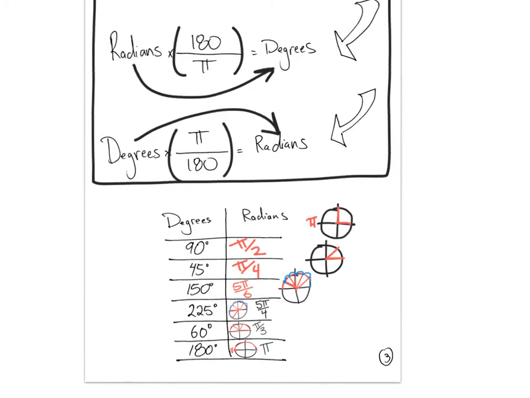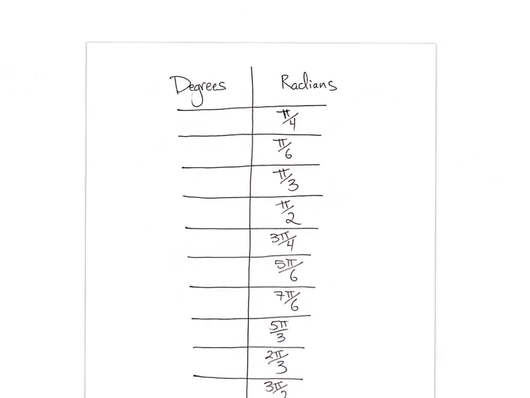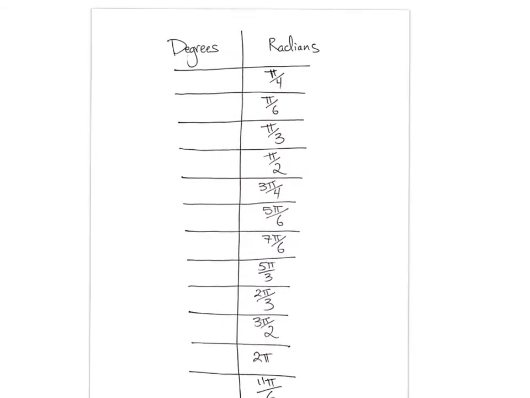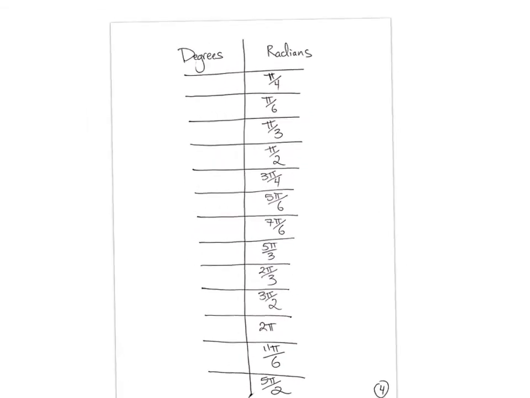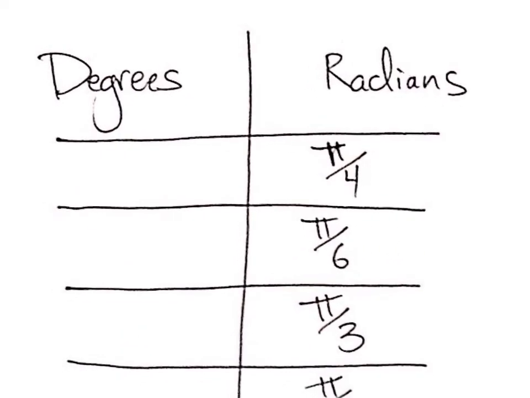Alright, I think we have one more page, and it might be a lot of practice, so get ready. Aha! Just what I was waiting for. So, radians to degrees. The list keeps going. I'll give you radian measure, and you're going to figure out the degree measure. So I'll scroll through them slowly here so that you can try to write them down.